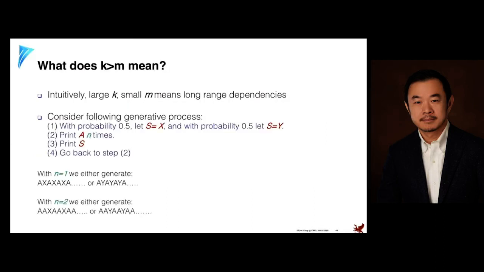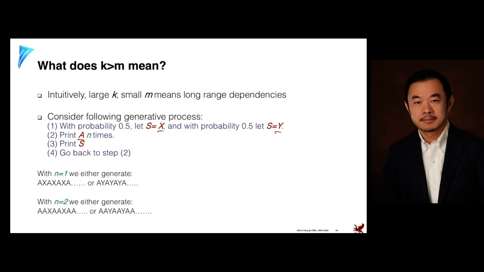So imagine this particular generative process. I'm going to have the following operation with probability 0.5 and 0.5. I'm going to generate two symbols, X and Y, which you will observe. But also I'm going to allow a character A to be printed n times in the observation, based on maybe a random choice of n.